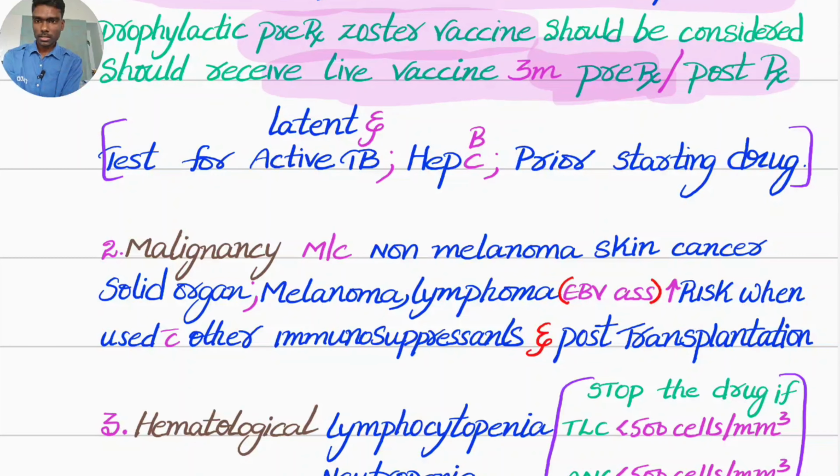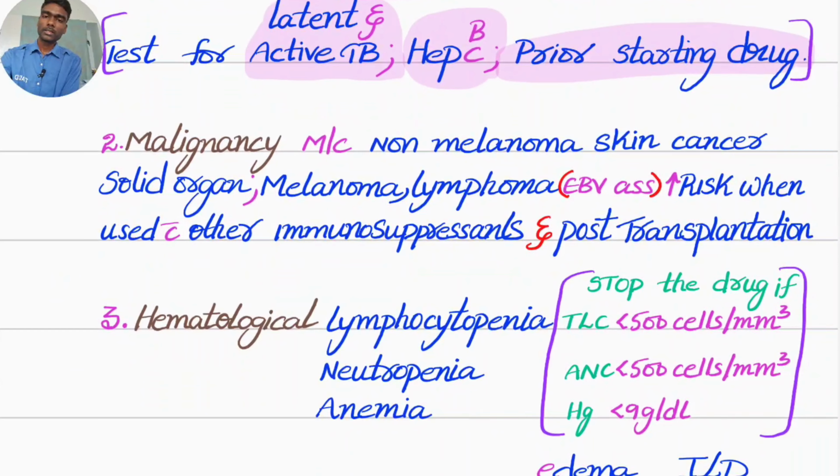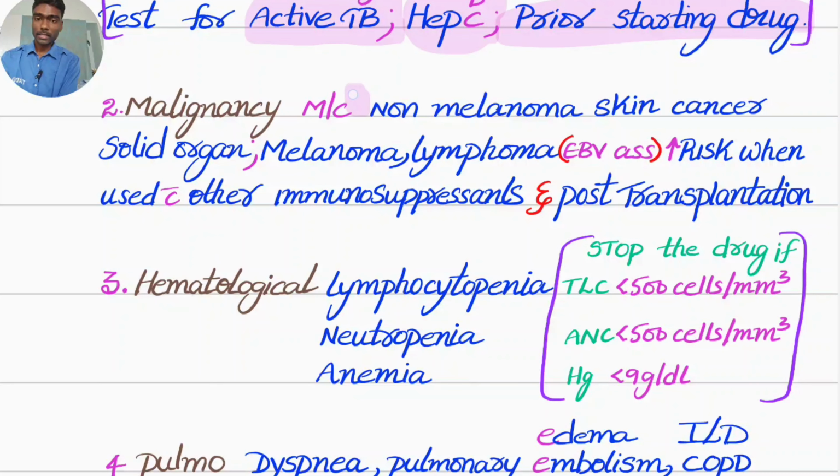So based on that, what tests will we do? We will first check for any active TB or latent TB by X-ray and Mantoux tests, and we will check hepatitis B and hepatitis C. These can also get reactivated, so check prior to starting Tofacitinib. Next, adverse effect: malignancy, most commonly non-melanoma skin cancer. Melanomas can also occur, solid organ malignancies, Epstein-Barr virus associated lymphomas.